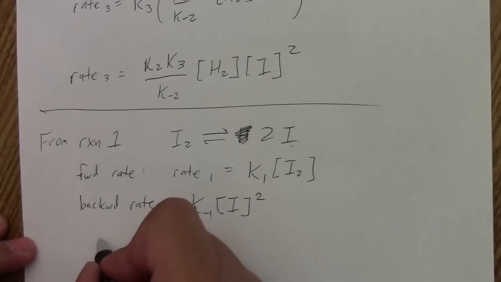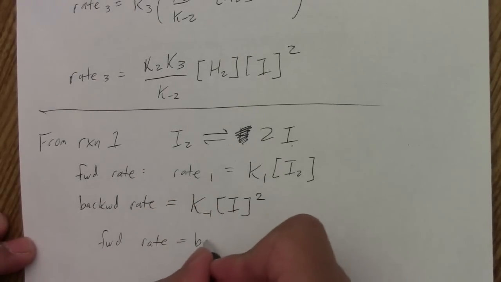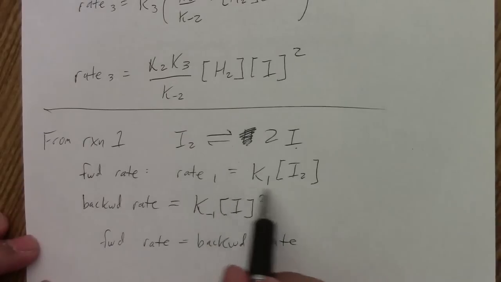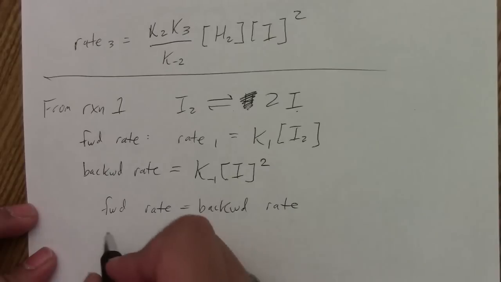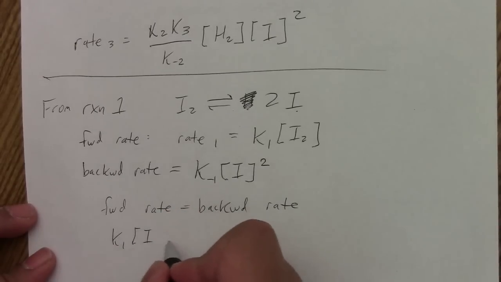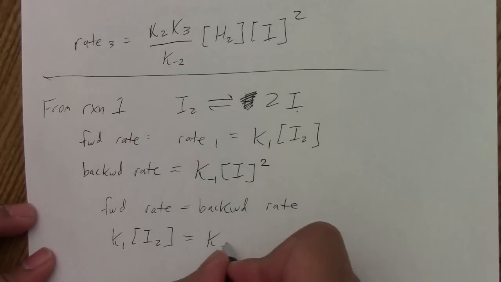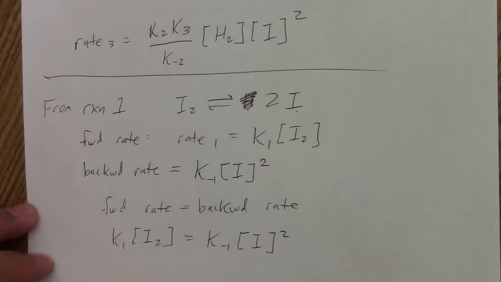Recall that our forward rate is equal to our backwards rate. So let's sub these in. We are going to find that k1 times the concentration of I2 is equal to k minus 1 times the concentration of I squared.